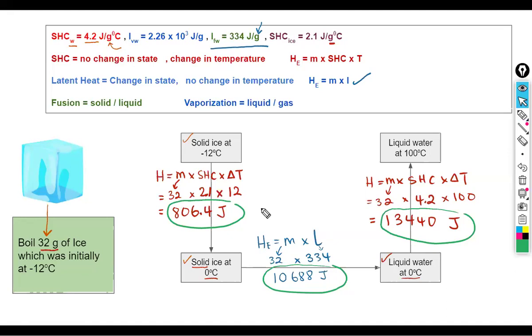When I add up all three, running out of space to write my answer, I'll just write it in the middle here for the final answer. I am getting 24934.4 joules. I think I did it correct, but you could verify it.